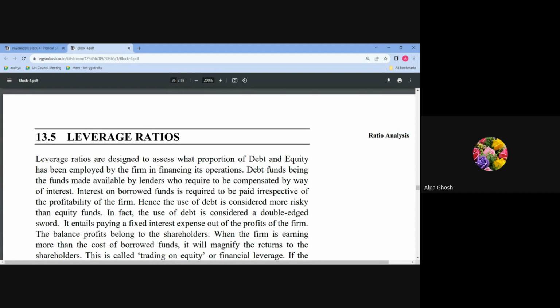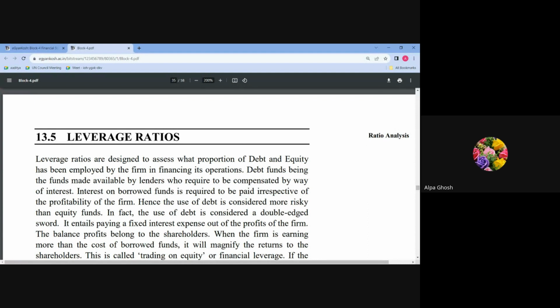If with the present borrowings you're not able to pay the interest, you are in loss, then you can imagine with additional borrowings you will be more into trouble, you will be more into loss. But in order to minimize the risk of non-payment of interest, we again go for more and more borrowings. So what is the proportion of debt and equity?